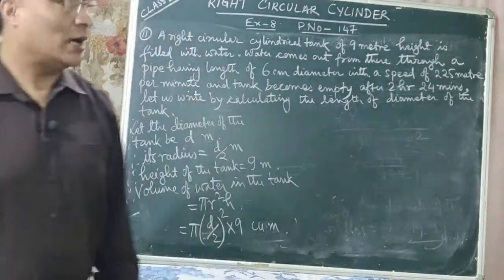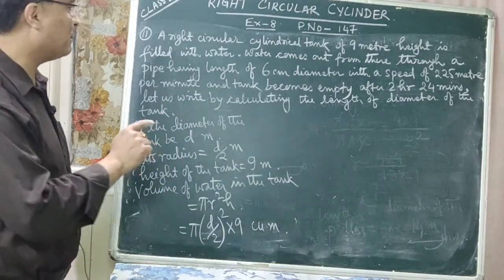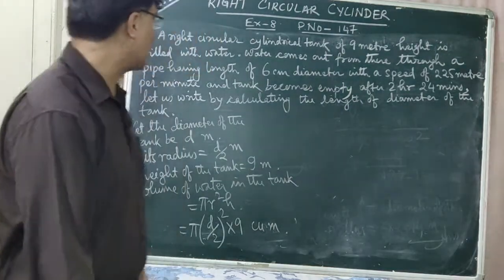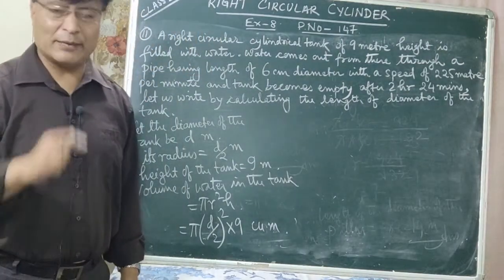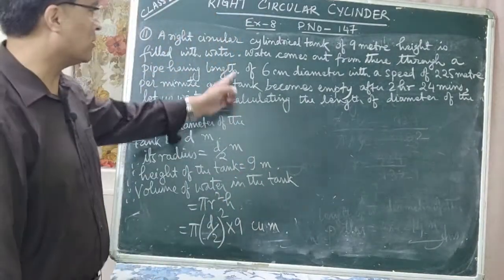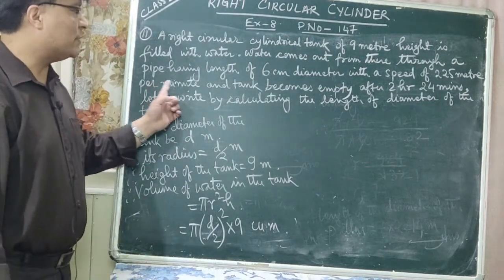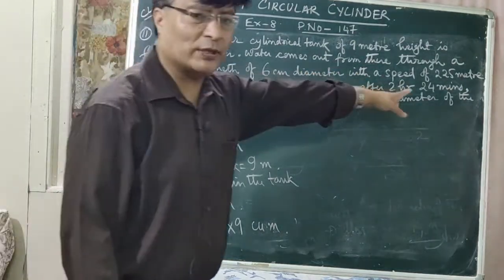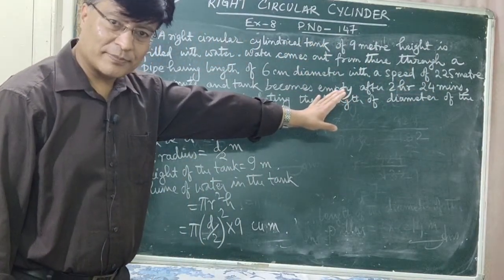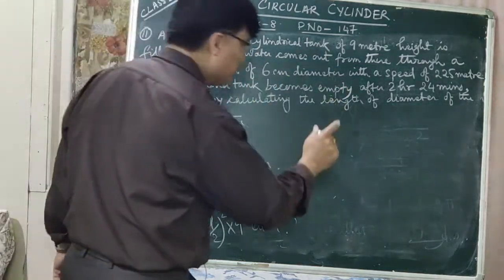Okay. Now here the question says water comes out from there through a pipe having the length of 6 centimeter diameter with a speed of 225 meters per minute. There is a pipe fitted in that tank, and the diameter of that pipe is given as 6 centimeters. The question says how much water comes out in 1 minute, only 225 meters of water.